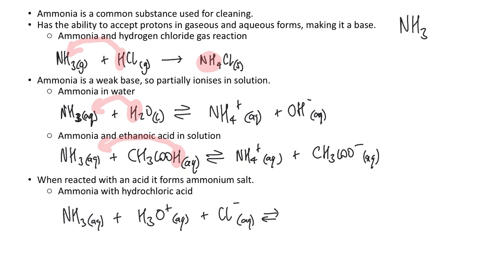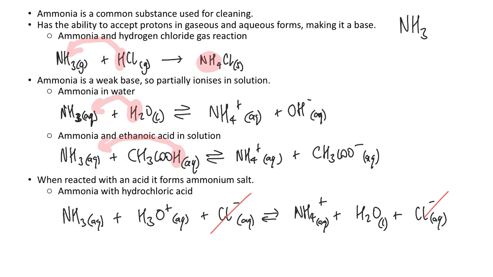This hydrogen here is donated to that one there, making NH4 plus, H2O, plus Cl minus aq. So you should recognize that the NH4 plus and Cl minus is the ammonium salt, and this is just the water that's formed. Because Cl minus is a spectator ion, you probably wouldn't show that, but you recognize that the salt formed is ammonium chloride.